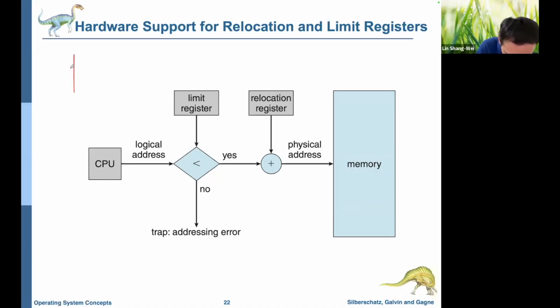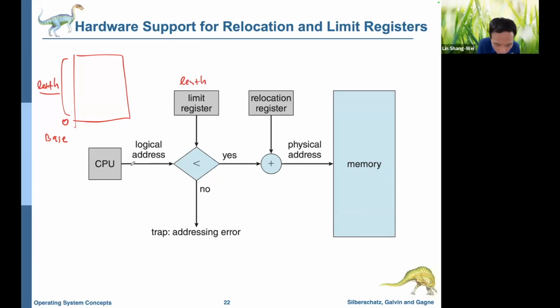This is your user program, and the logical address space always starts from 0. This will be your base register, and this is the length of your program, and the limit register holds the value of the length.